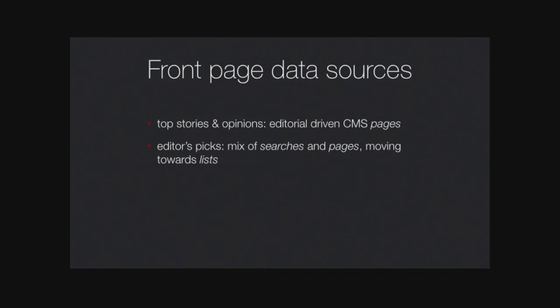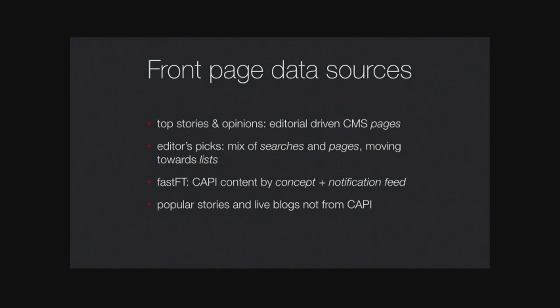Top stories and opinions are coming from editorial-driven CMS pages, which is a type of API. Editor's picks is a mix of searches and pages moving towards lists, which is a v2 thing. FastFT is content by concept, which is a search-type thing, plus a notification feed for updates so that we don't poll the backend all the time.